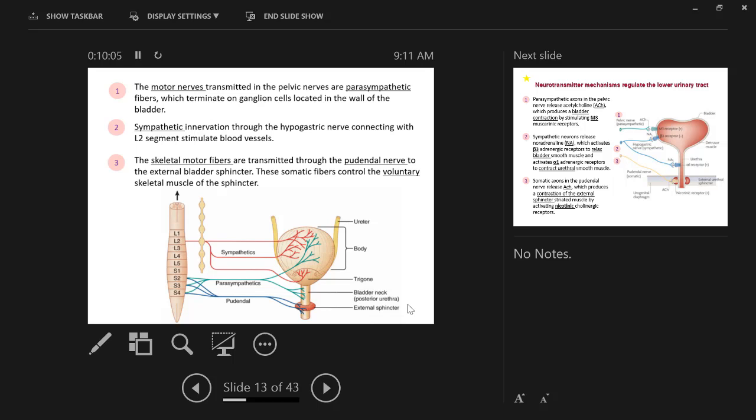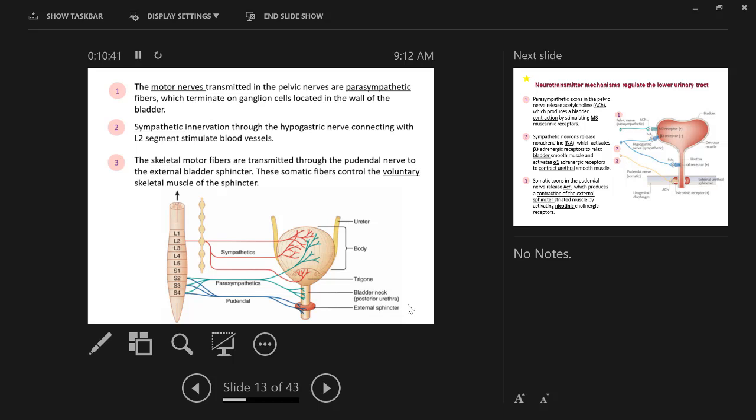Let's see, this is the parasympathetic nervous system. It's coming from the S1, S2 segments, and then terminates on the ganglion in the wall of the bladder. And then the sympathetic nervous system is a little bit higher. It's connecting to the L2 segment of the spinal cord, and then goes through the hypogastric nerve. And the last one is the somatic nervous system.